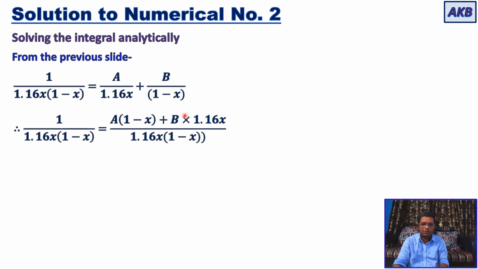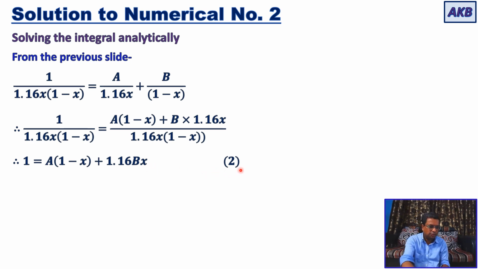Okay, I have simplified the right hand side. In the next step, the term 1.16x into 1 minus x in the denominator on both sides is going to get cancelled. So you have 1 is equal to a into 1 minus x plus 1.16 into b into x. Let us call this equation 2.